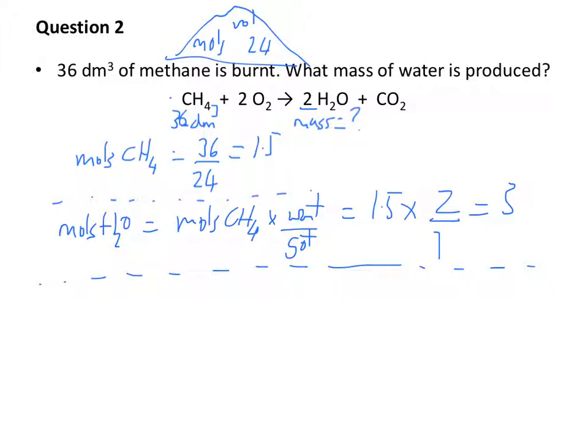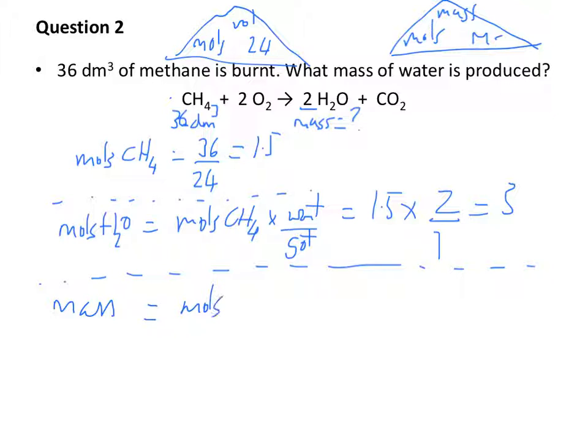Now, the question has asked us for mass. And we've got moles of water, so we're going to have to use the mass triangle, so moles, mass over Mr. So mass is moles times Mr. So the moles are 3, and this is the mass of water.